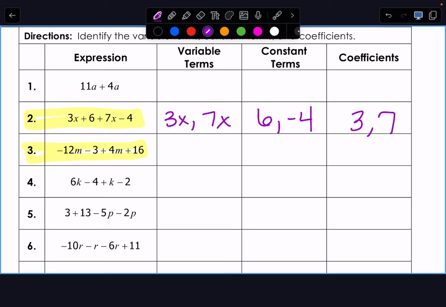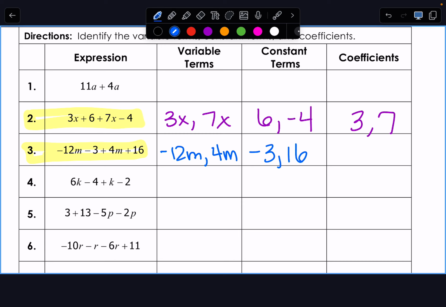If we look at number 3, Carly, what are our variable terms for number 3? Good. Elaine, what about our constant terms? 3 and 16?